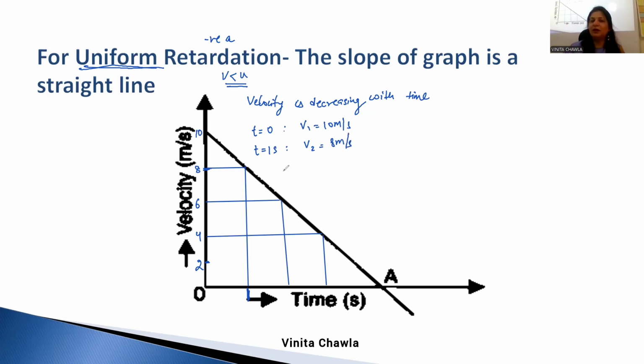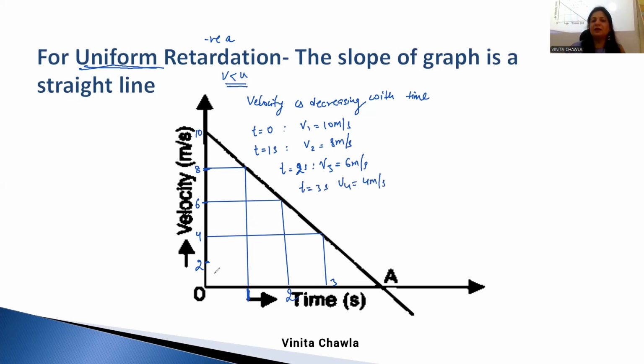At t is equal to 2 seconds, it is 6 meter per second. And at t is equal to 3 seconds, velocity is 4 meter per second.